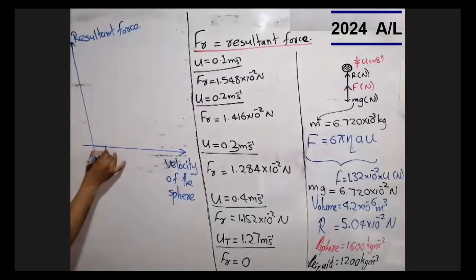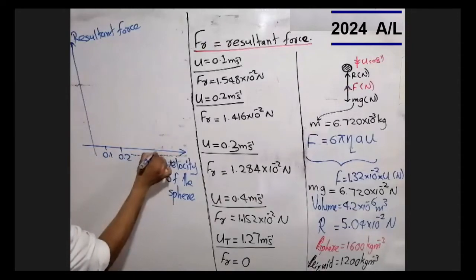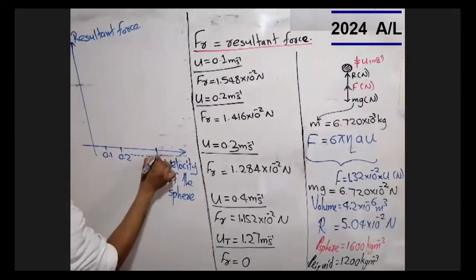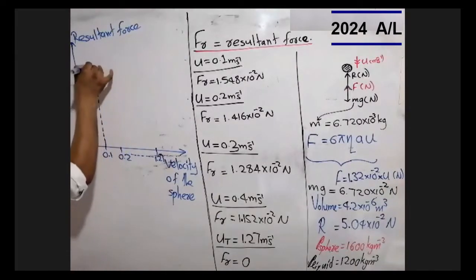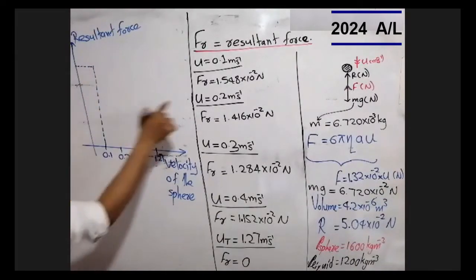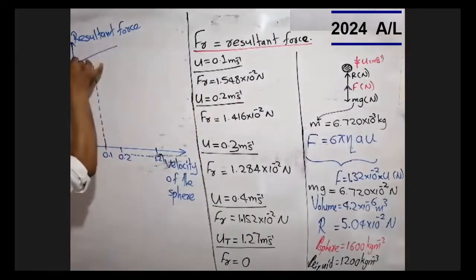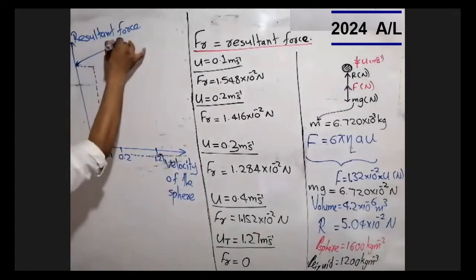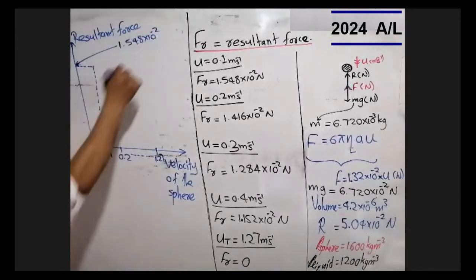When the velocity increases 0.1, 0.2, and finally, when the velocity is 1.27, the resultant force is 0. Right? So initially, at the very beginning, there is a certain resultant force. When the velocity is 0.1, the resultant force is 1.548 into 10 to the power minus 2 Newton.